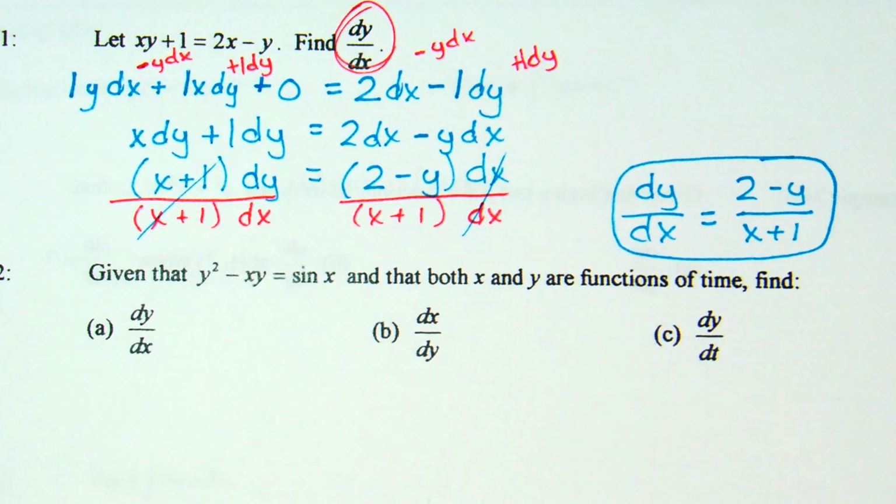Let's try example 2. Now, there's 3 different ways they ask us to do this. Given y squared minus xy equals sine x, where both x and y are functions of time. Find dy dx. So, the first one says to find dy dx.